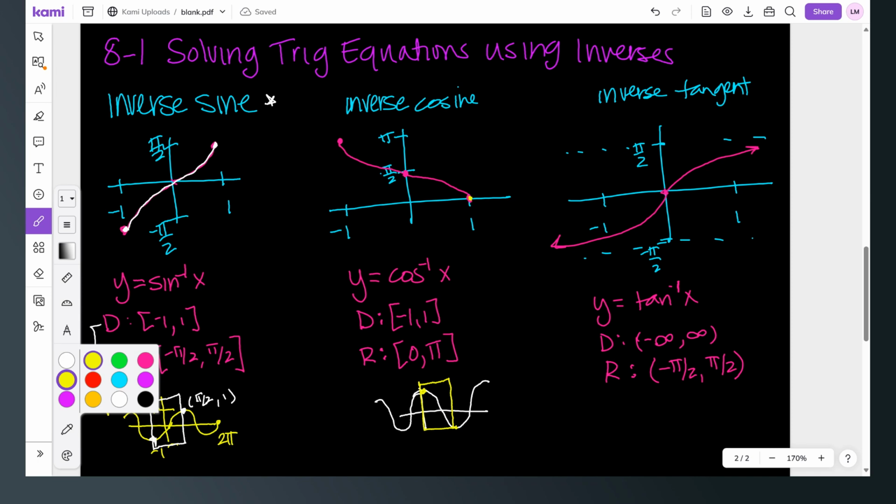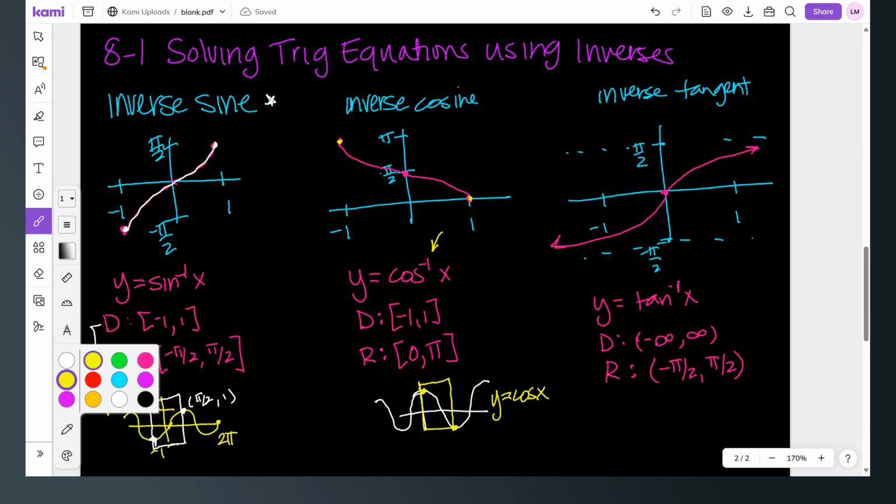And then cosine at pi is -1, so -1, pi when I switch places with x and y. And then those are connected. So that's the inverse cosine graph. Remember, we can tell the difference between y equals cosine x and y equals cosine inverse by that -1. It means inverse.